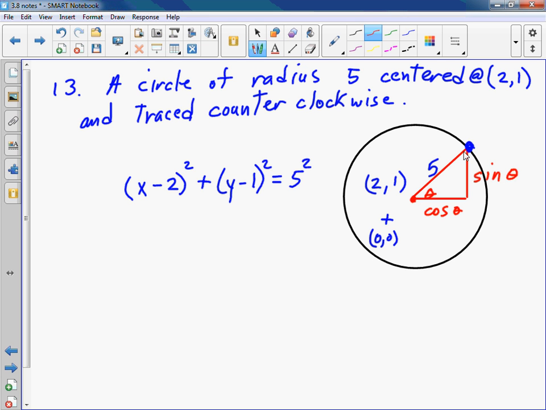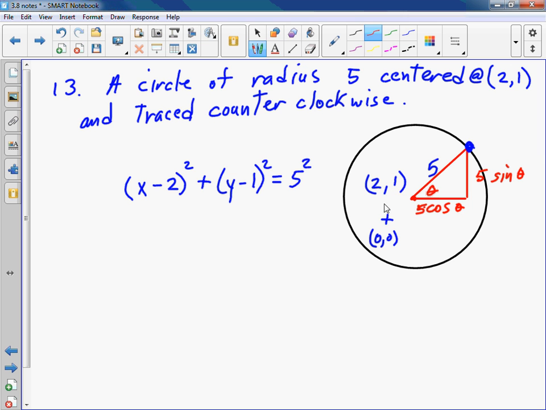In this case, if the radius is 5, the x component is 5 cosine theta and the y component is 5 sine theta, because last year all our unit circles had a radius, or hypotenuse, of 1. Here we have to multiply each leg times 5. That is where this whole thing is coming from.